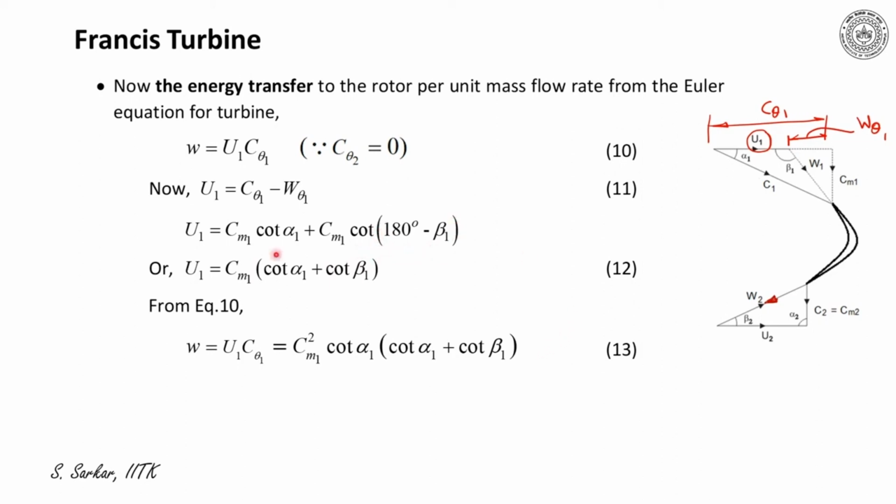Thus, it would be equal to Cm1 into (cot alpha 1 plus cot beta 1). Thus, from equation 10, which is the Euler equation for turbine, W equal to U1 C theta 1, that is equal to Cm1 square into cot alpha 1 into (cot alpha 1 plus cot beta 1). That is equation number 13.